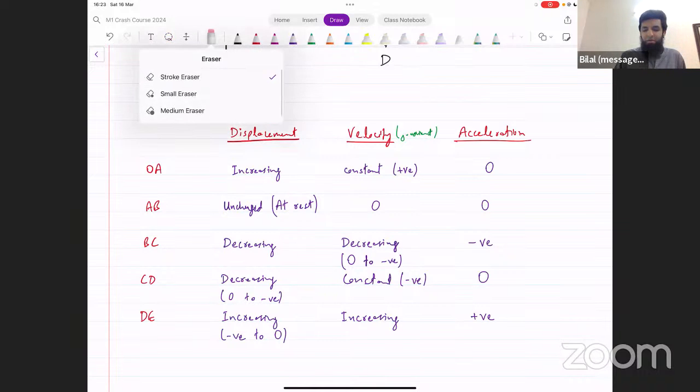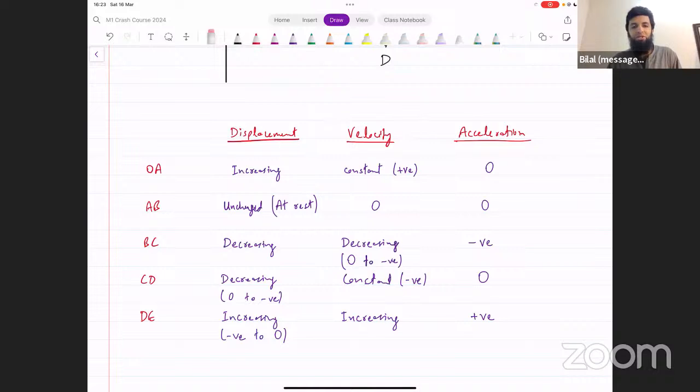We want to understand what's happening to displacement, velocity, and acceleration in each of these different parts.